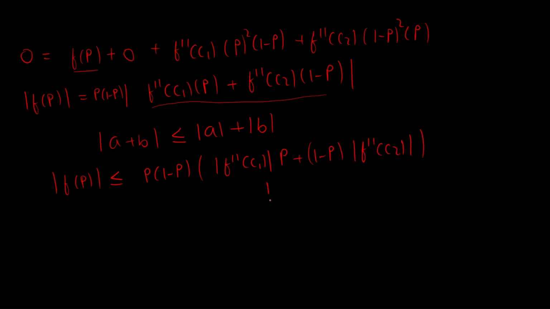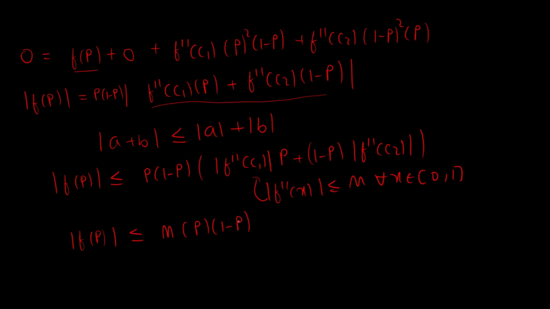Now since we know that mod f double dash of x is less than or equal to 10 for all x belonging to 0 comma 1, I'll now apply this inequality here and I'll get mod f of p is less than or equal to capital M into p times 1 minus p, and then adding these both up, they will get cancelled and I'll be left with this.